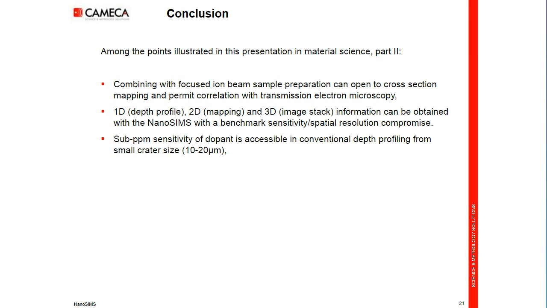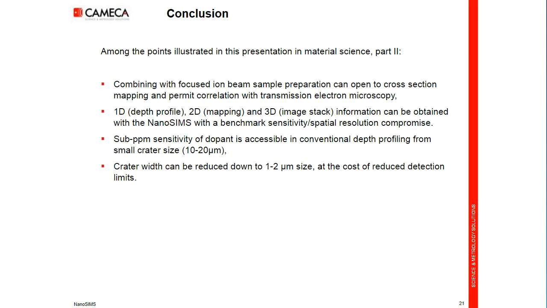So we access sub-ppm sensitivity, so below, let's say, 1e16 for a 15 by 15 micron crater. We can push the crater size toward lower dimension, down to 1-2 micron size, but at the cost of the detection limit, because the volume of material, so the number of ions available, is reducing with the size of the crater.